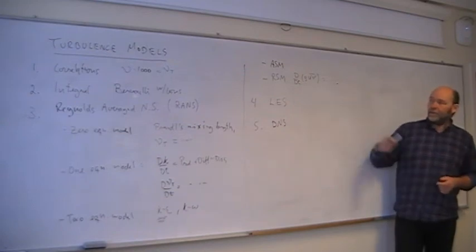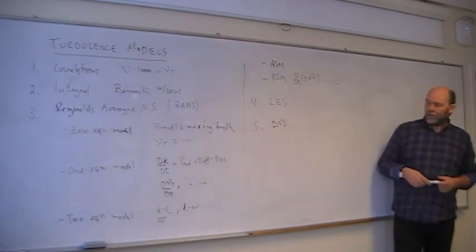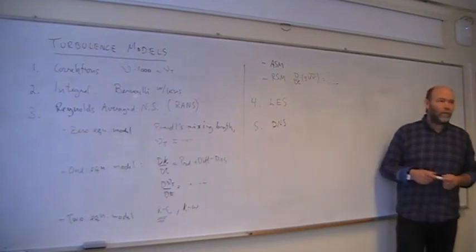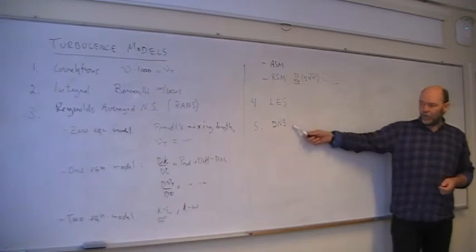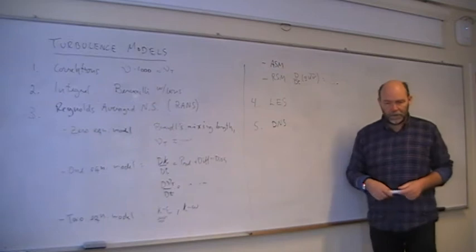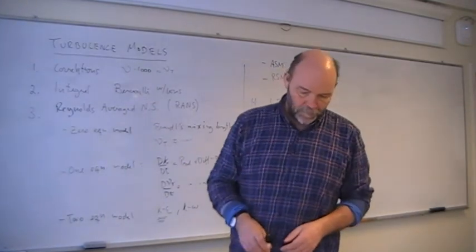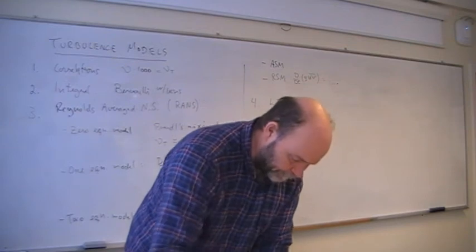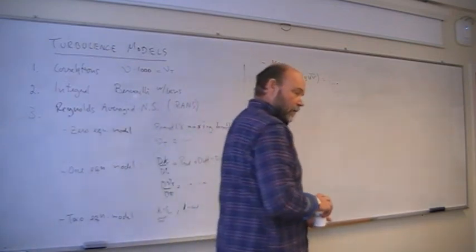So that's heavy. LES, not that many parameters, and DNS, no parameters at all. There we solve the Navier-Stokes, all the way down to the turbulent length and time scales. That's the philosophy. I'll come back to that later. So this is just for an overview.